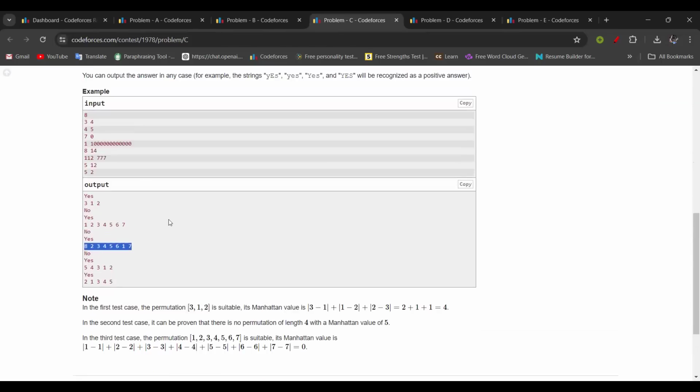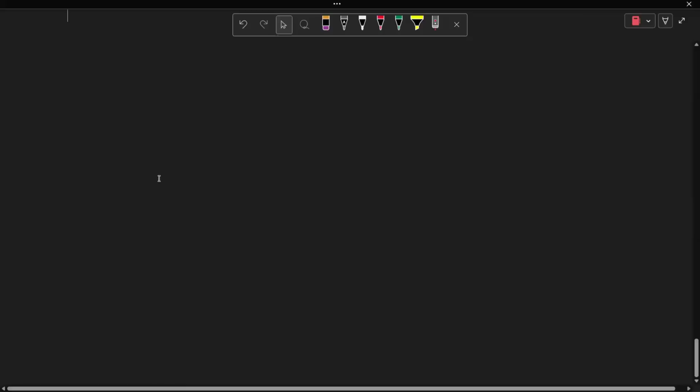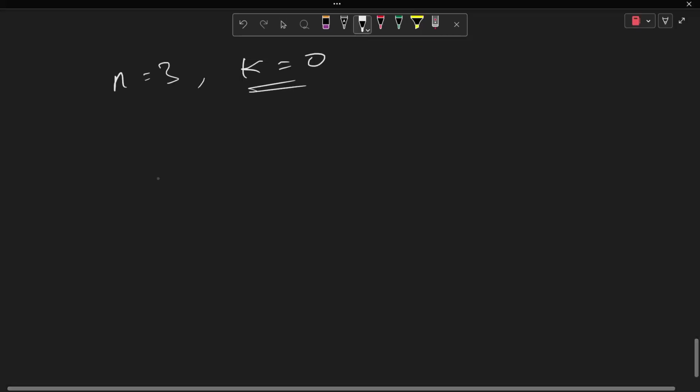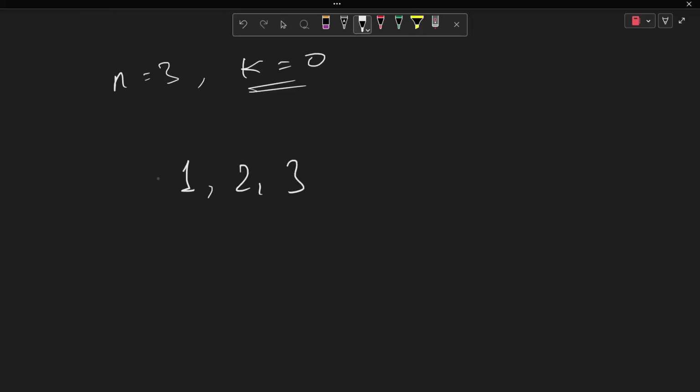Okay, so let's take an example. Let's say we are given n equal to 3 and k equal to 0. So for k equal to 0, what would our answer be? That's the first thing. For any permutation, if you look at the Manhattan value, if we place it as 1, 2, 3, the indexes are also 1, 2, 3.